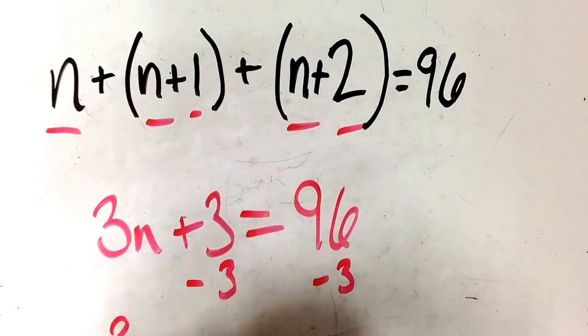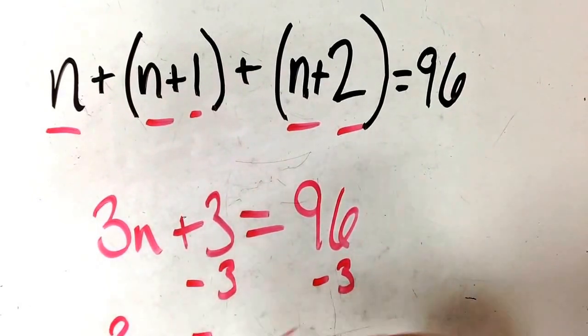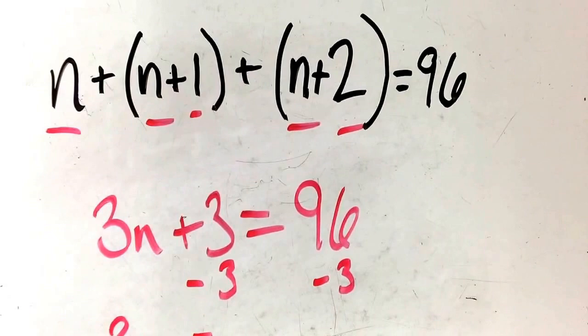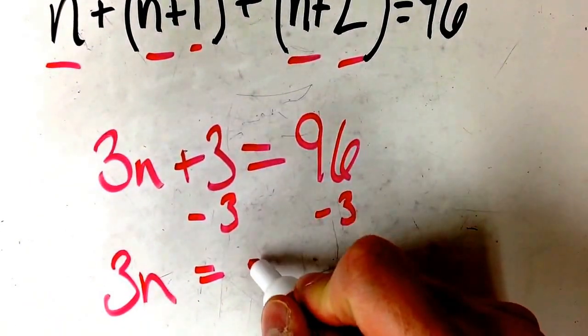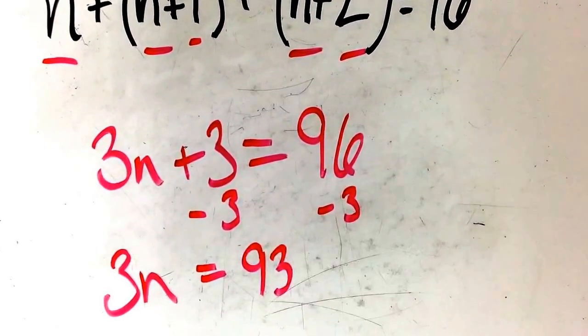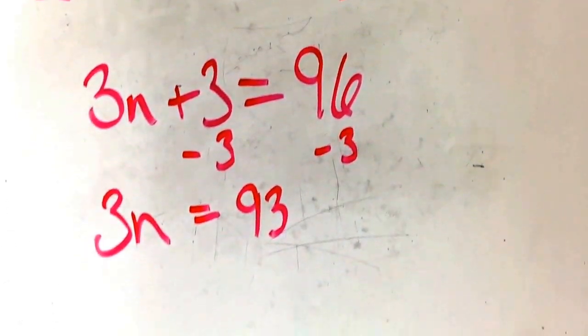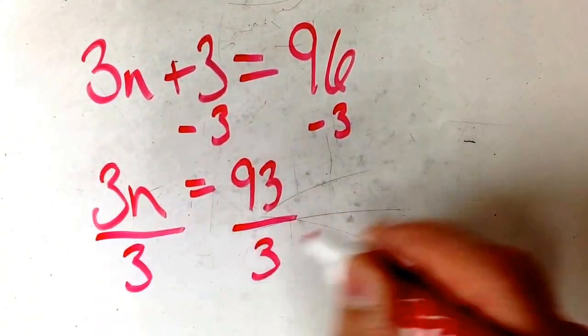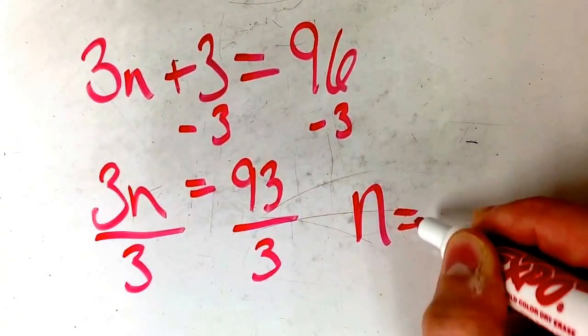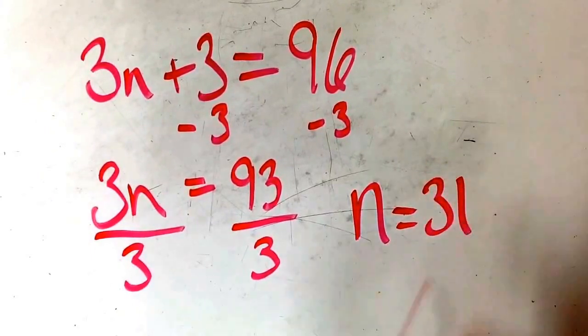And that leaves me with 3n equals 96 minus 3, which is going to be 93. And I'm going to divide each side by 3 to get n equals 31.